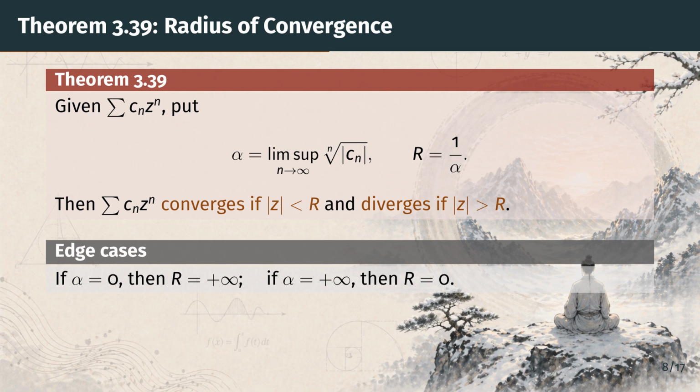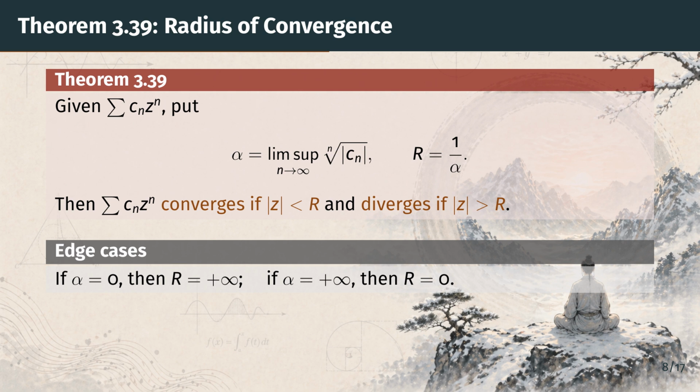Here is the main theorem, and it is wonderfully concrete. We form the quantity alpha, the limit superior of the n-th root of the absolute value of c sub n. Why the limit superior rather than an ordinary limit? Because the plain limit might fail to exist if the coefficients behave irregularly, but the limit superior always exists, so alpha is always well defined.